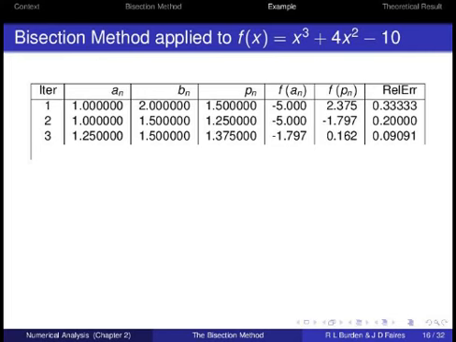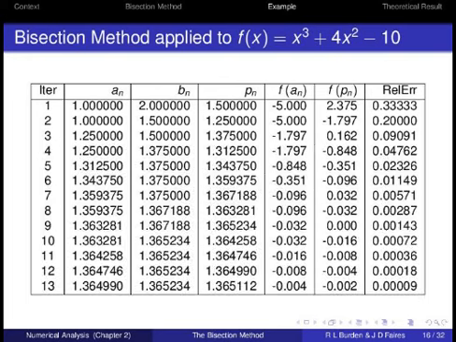The third iteration is between 1.25 and 1.5. The midpoint is 1.375, and f of a is -1.7969 to 4 decimal places, and f of p is 0.162. The relative error is also calculated as follows, and we continue in this manner. We use one technique again and again and reach up to the 13th iteration.